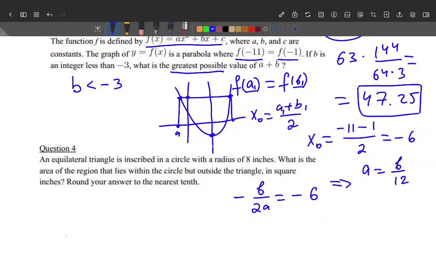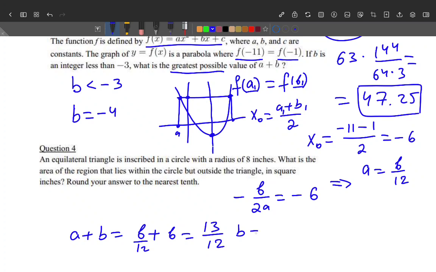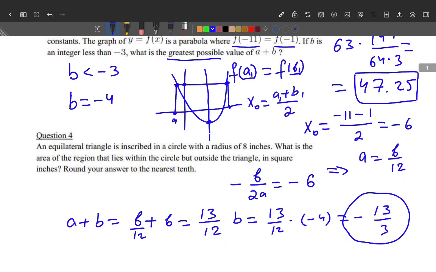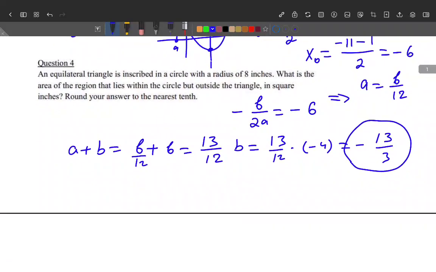We are asking the sum A plus B. A plus B is B divided by 12 plus B, is 13 by 12 B. And for the greatest possible value, we know also B is an integer. Because of this, I took B negative 4. I put here negative 4, which gives us negative 13 divided by 3. The answer is negative 13 divided by 3.